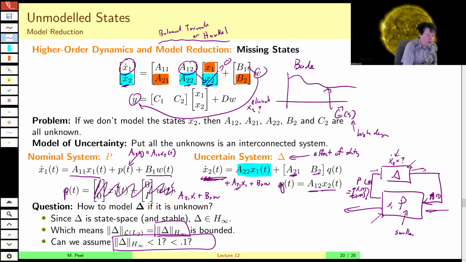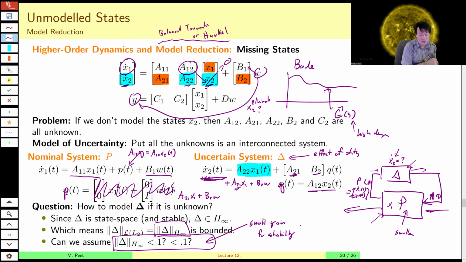And we just have a norm bound for it. So then we can apply things like small gain, in this very simplest case, to show that whatever controller we use recovers stability after we've designed the controller.